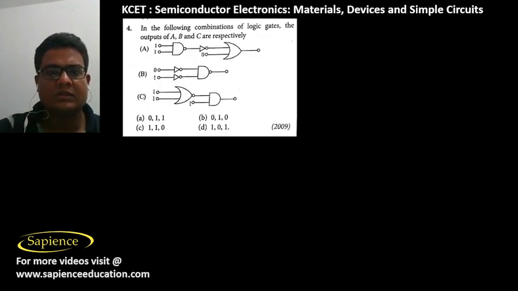Question number 4: in the following combinations of logic gates, the outputs of A, B and C are respectively.